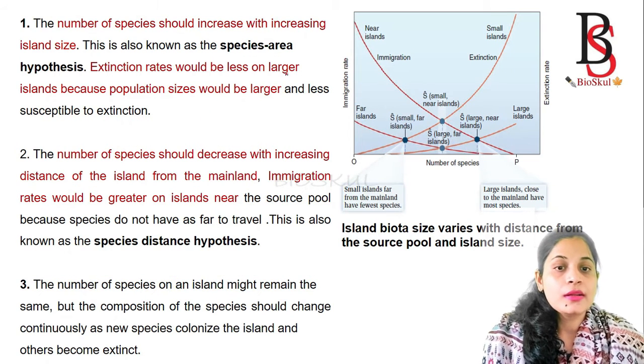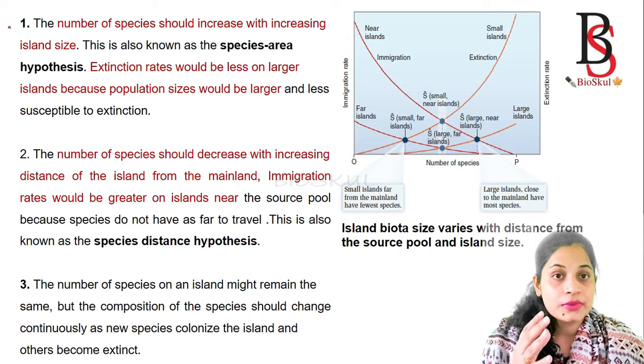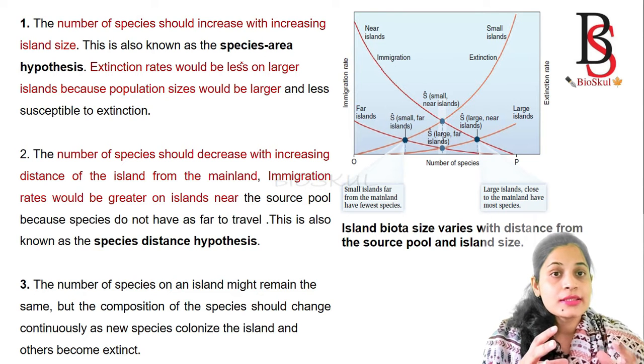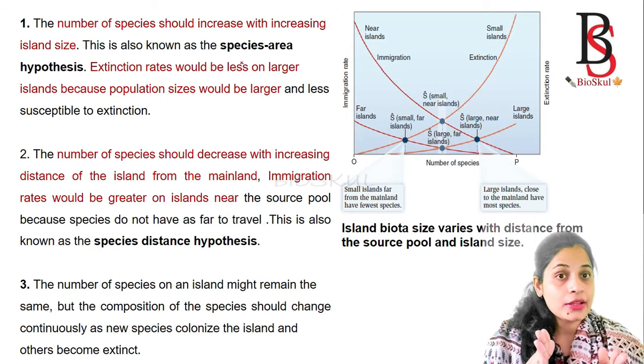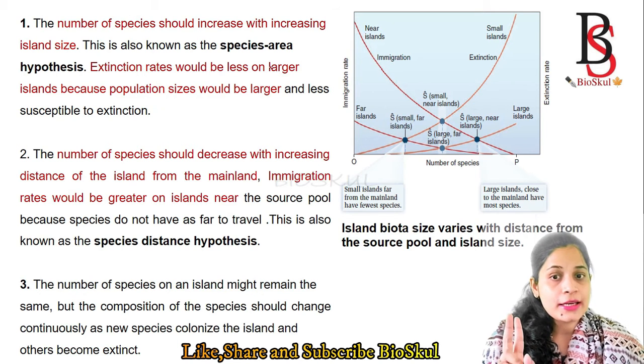This is a very important point. The MacArthur and Wilson theory of island biogeography proposes that species richness depends on two factors. What are those factors? One is the size of the island, and another one is the distance of the island from the mainland. Based on that, there are two hypotheses.